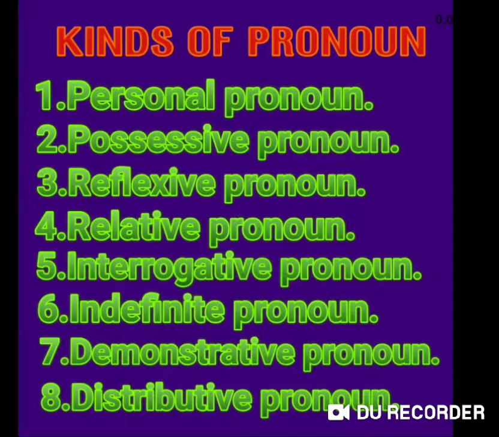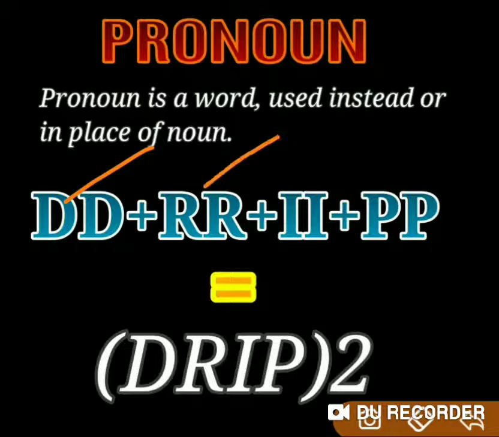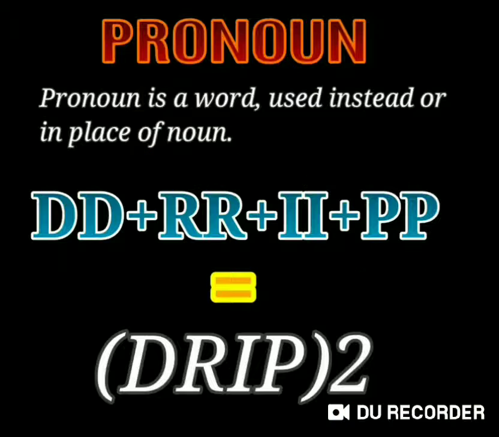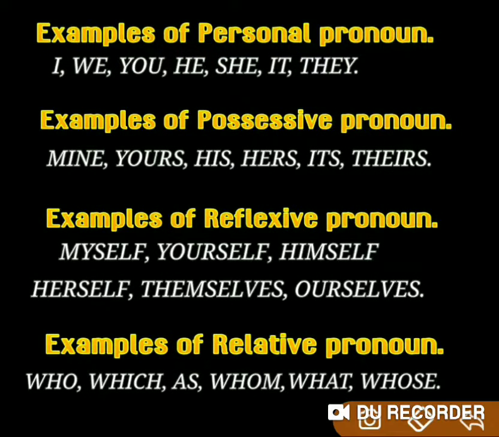One more time, glance at the formula. Here you see DD, RR, II, PP is equal to DRIP bracket square. Now let us see examples of each pronoun.